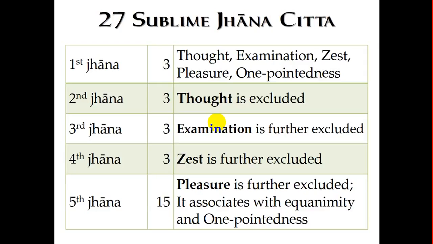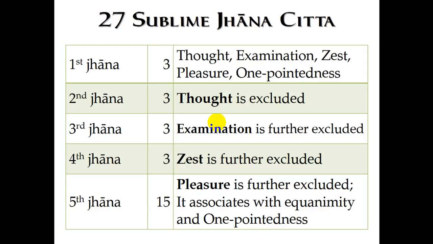That means only those who are higher can attain those chetas, right? Jhanas. So we have 27 sublime jhana chetas. Actually, up to here, they are called the mundane chetas, right? Mundane chetas. So these are mundane jhana chetas. We have 27.